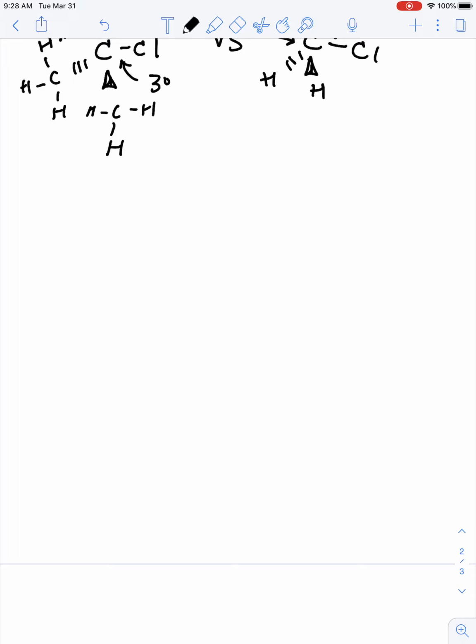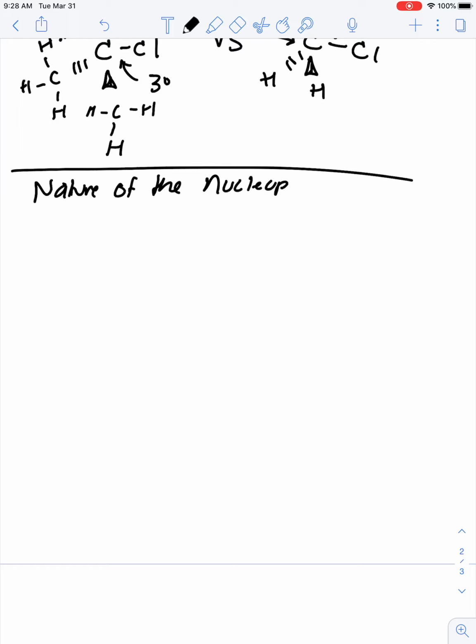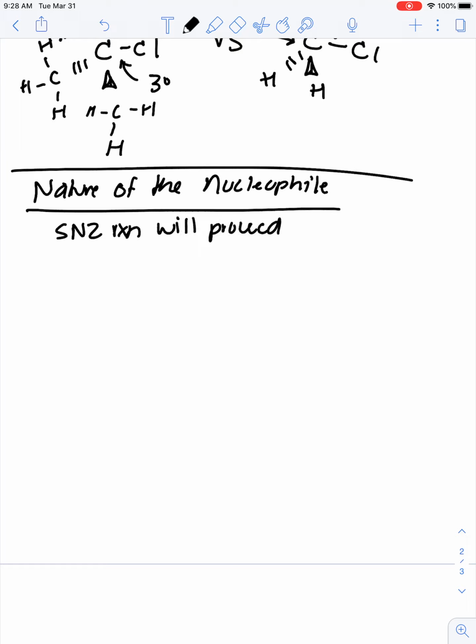So the next thing we are going to talk about is actually going to be the nature of the nucleophile. So an SN2 reaction will only proceed with a strong nucleophile.